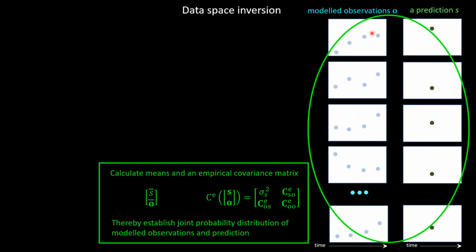Complementary to these model generated measurements is this prediction, etc. So I have the ability to build up a correlation structure between what happened then and what will happen in the future. And I'll also take the means of these quantities individually. So I want to build up a mean vector of each model output and the prediction, and an empirical covariance matrix that links the past to the future.